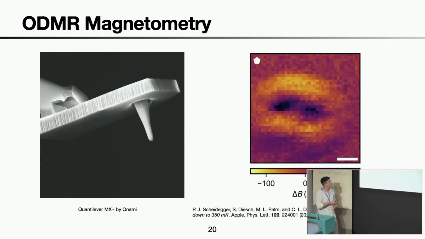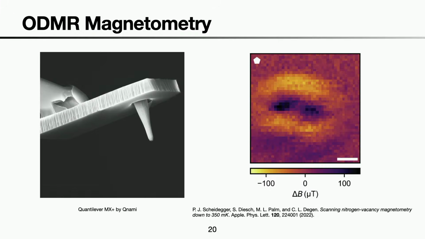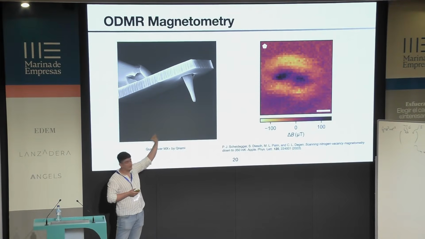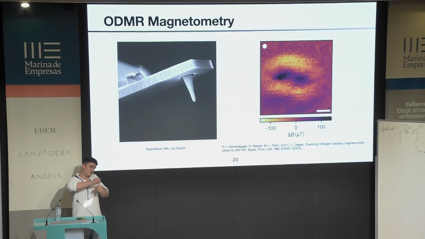And then 2 examples I like a lot. These are some tips that are fabricated by a company called Qnami, and this is all diamond. So they build these structures in diamond, and they have this pillar there, a small tip. And just in the tip of the pillar, there is a single NV. So they have a machine, and then they can scan a sample.